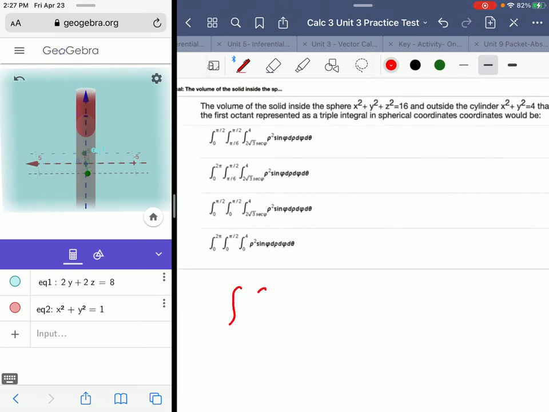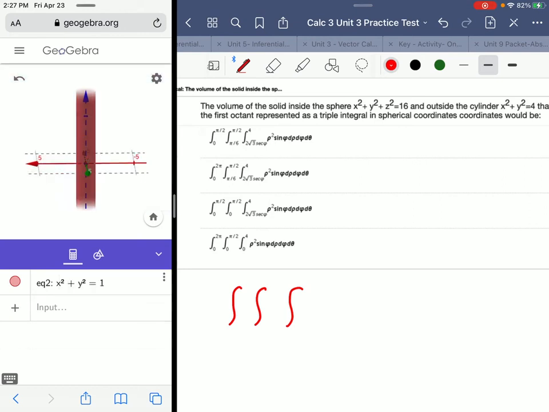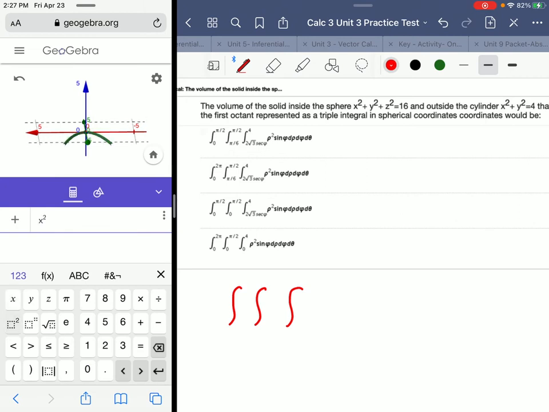Triple integral, it's outside of the cylinder, x squared plus y squared equals 4, inside the sphere.